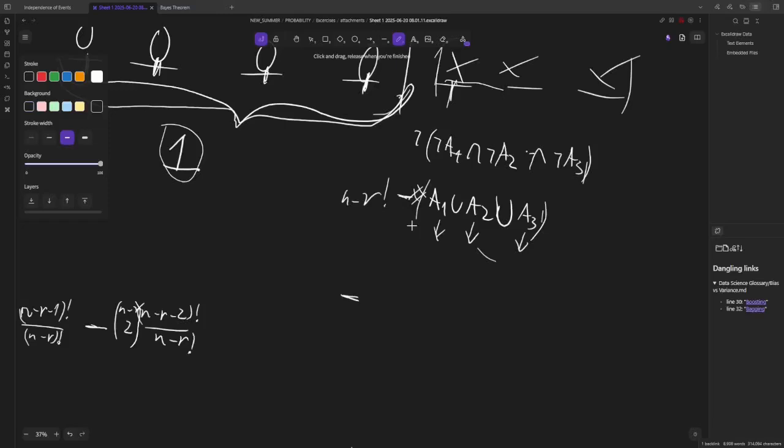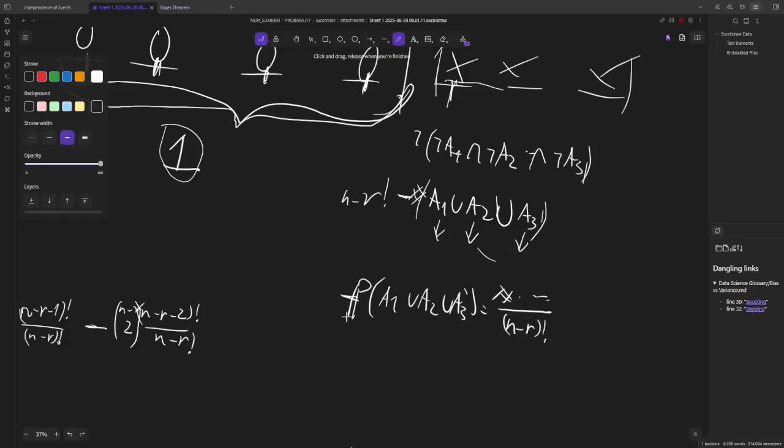We want first how many ways to arrange one correctly, and 2, and 3 correctly. Because if you want the probability of this, it will be just the number over the amount. So we know that the probability of A1, A2, or A3 is equal to the number of combinations of that over how many there are, n minus r factorial.